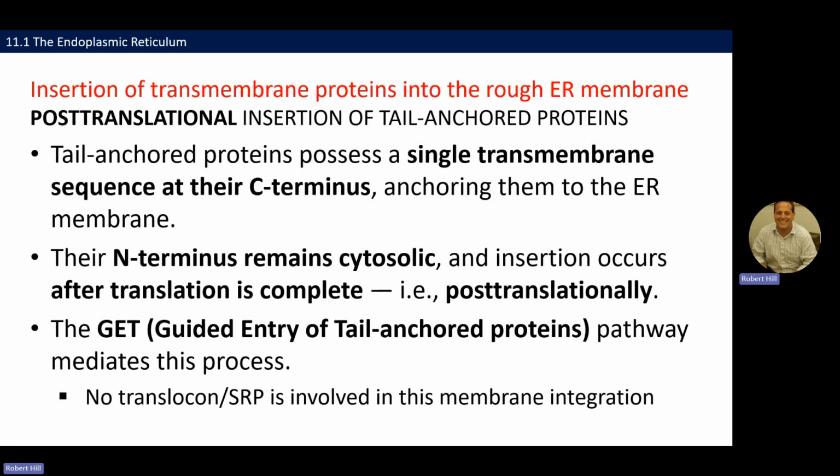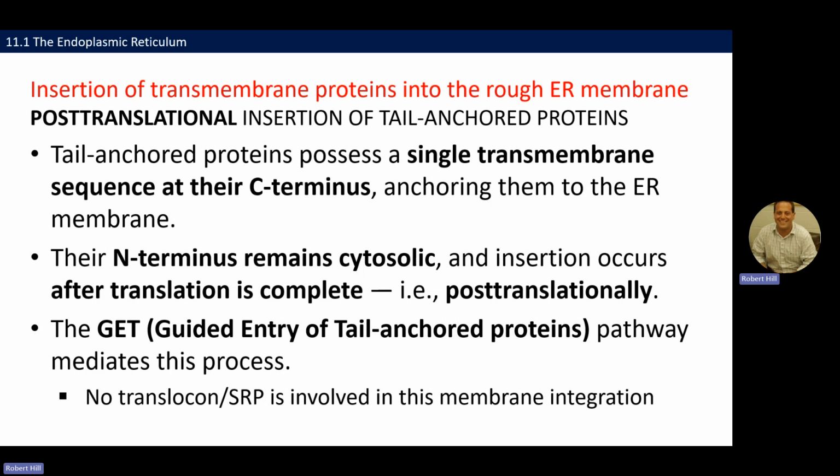So I took the figure out, but it does it post-translationally, which means the protein is made completely in the cytoplasm, and then proteins interact with it to bring the nascent peptide to the ER, and the ribosome stays in the cytoplasm. Right?